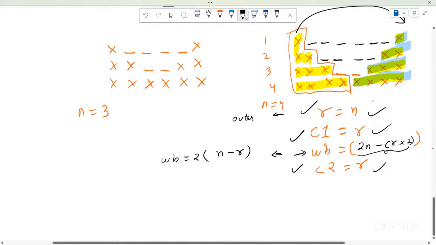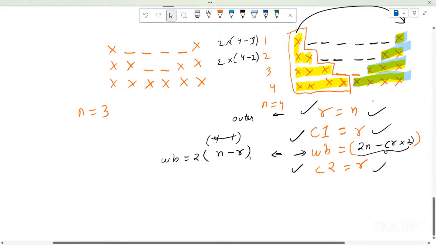Let's validate whether it's true or not. In the first case, N is 4, R is 1, 4 minus 1, 3, 3 into 2, 6, and there are 6 white spaces. And in the second row, 4 minus 2 into 2, 2 into 2, 4, there are 4 white spaces. So this formula works well.